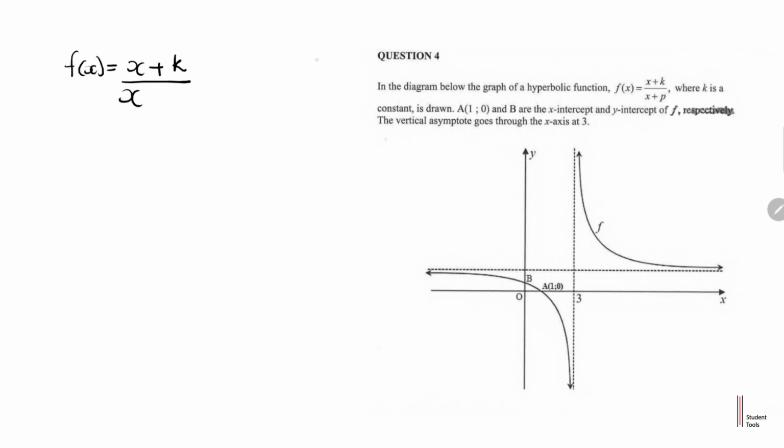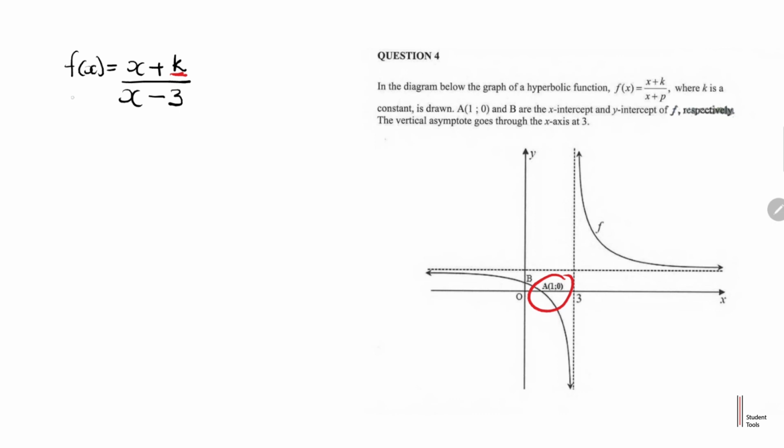We found that the value of p is negative 3, so it will be x minus 3 over here. Question 4.2 requires that we find the value of k. So how are we going to do that? We have a coordinate that we can use, A, which is (1, 0), which can help us get the value of k. So let us use A to find the value of k.